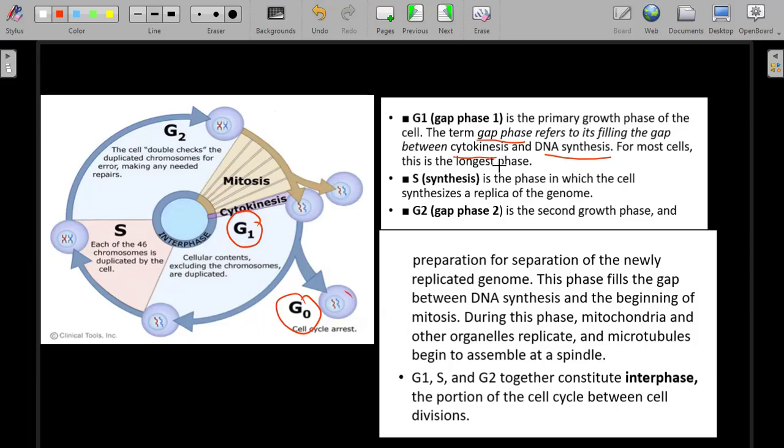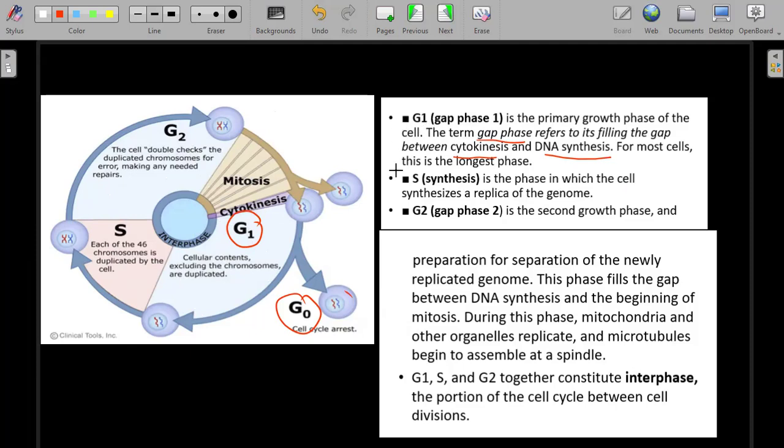In short, in this phase your cell is preparing itself to undergo cell division. This is the primary growth phase of your cell, the beginning of your cell division.